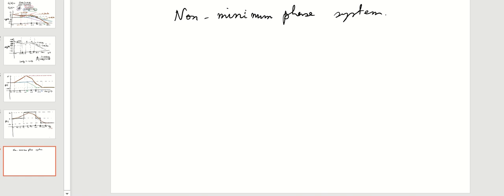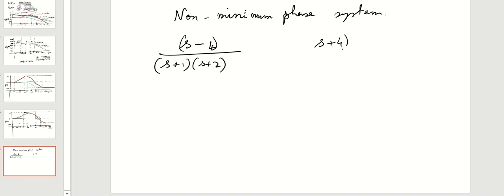Now suppose you have a transfer function given by (s minus 1) upon (s plus 1)(s plus 2), and, let's say, (s minus 4) upon (s plus 4)(s plus 1)(s plus 2).